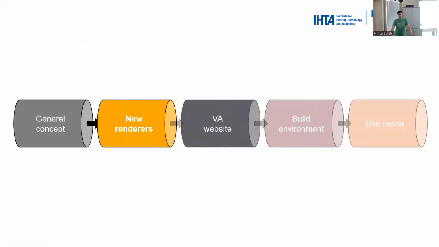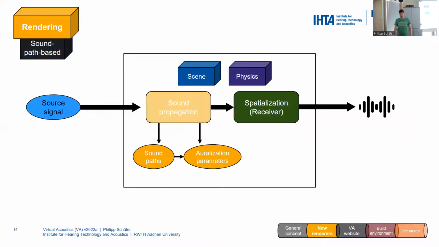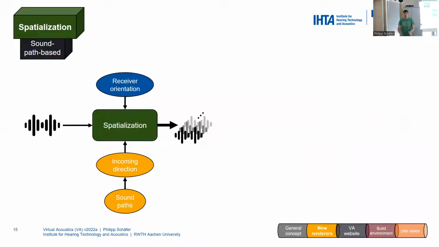Okay, so that's about the general concept of VA. Now I want to talk a little bit more about the rendering system, and especially the new rendering system. For this, I go back to the sound path-based rendering, and I want to take a more detailed look on the spatialization. So how do we actually do spatialization in VA?